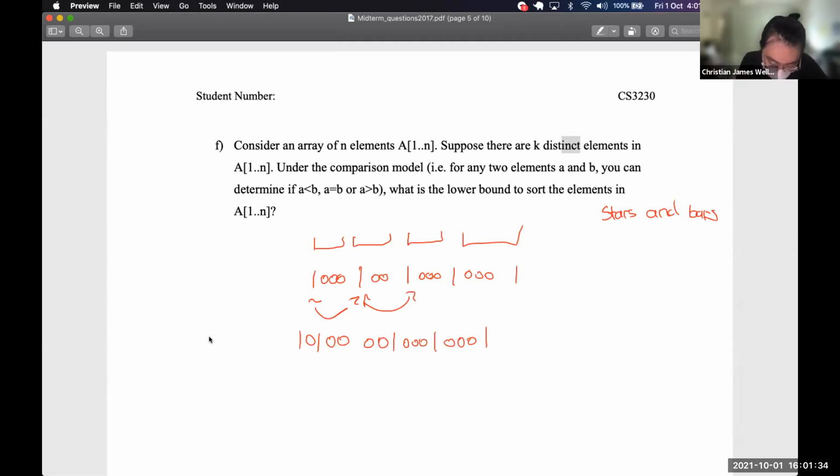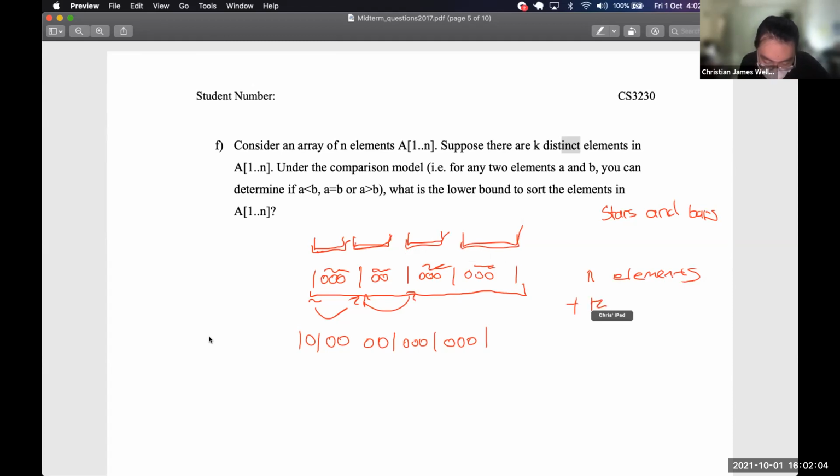I cannot remember exactly off the top of my head what the result of this would be, but I think deriving it, there are n elements to consider, plus there are k things here, 1, 2, 3, 4.